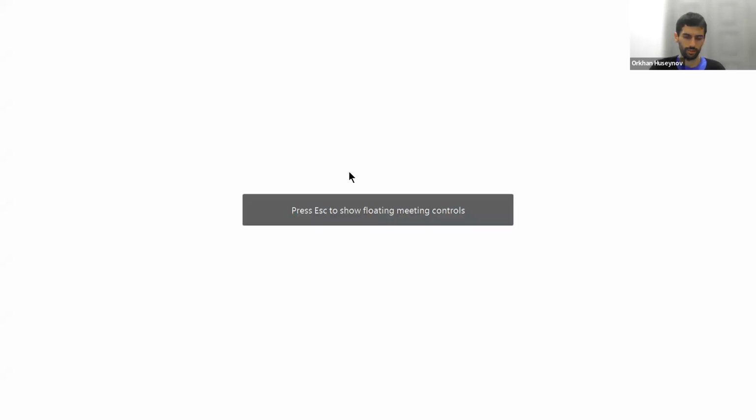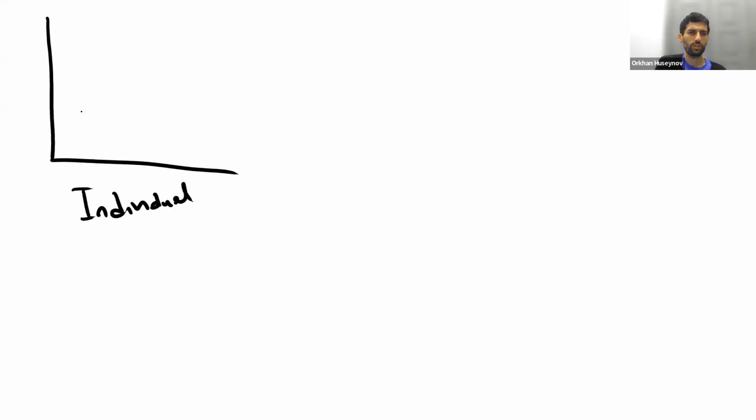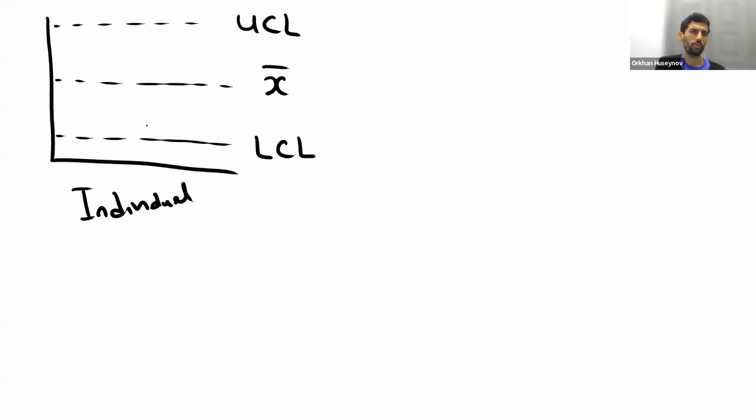Let's see how it works with a simple example. First let me show you how it works. This one will be the individual chart. You will have the average, the upper control limit, and the lower control limit, and then the chart.